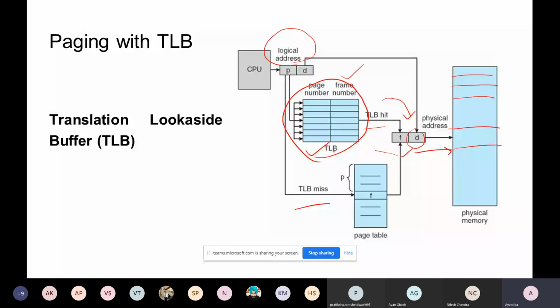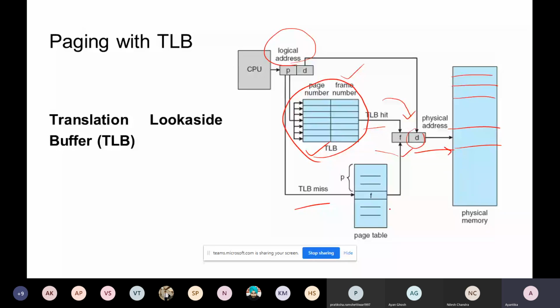Why are you using a buffer? In your page table you have maybe n entries. From those n entries, maybe some most recent m entries you are keeping in this TLB buffer. That means whenever you are searching in this TLB buffer, your total search requirement is m.